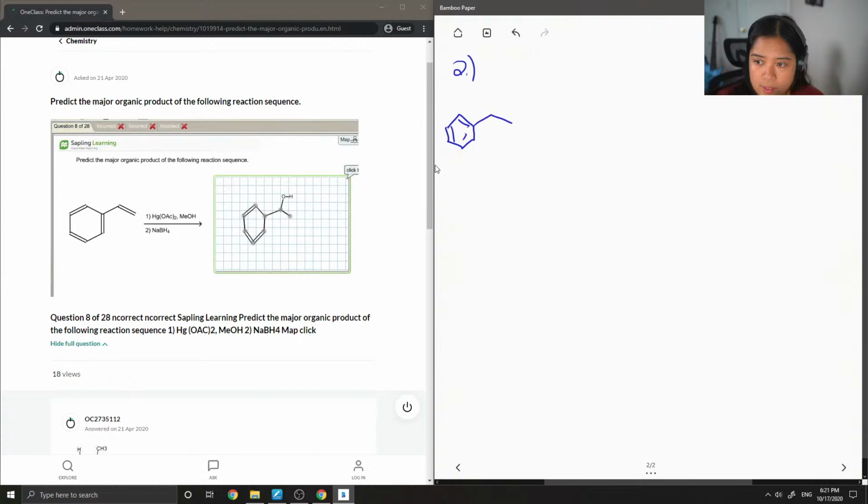We have like a benzene ring, and then like a double bond at the end. And it reacts with mercuric acetate and methanol. And then there's an NaBH4, so sodium borohydride.